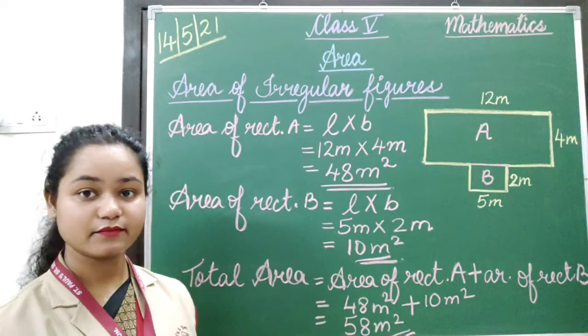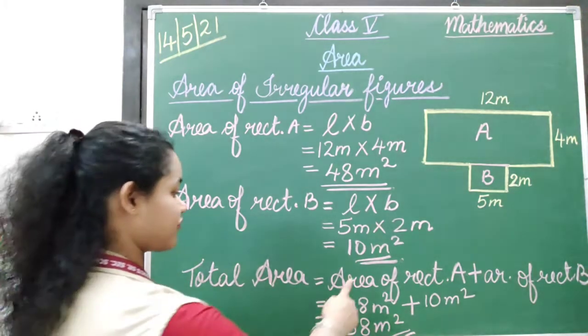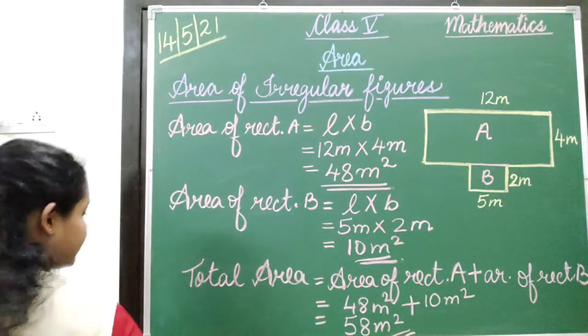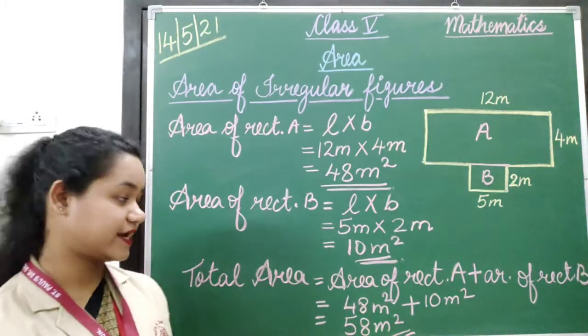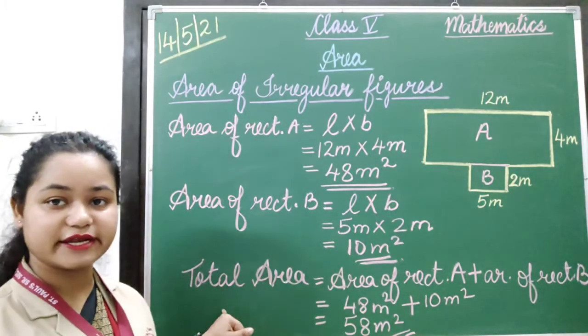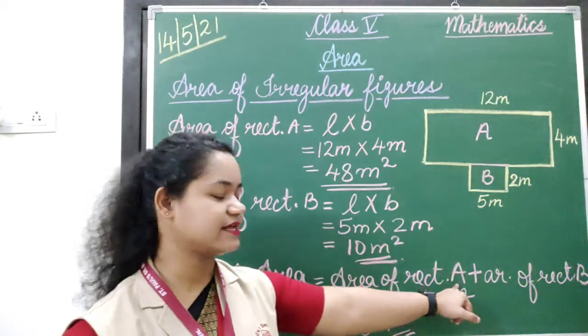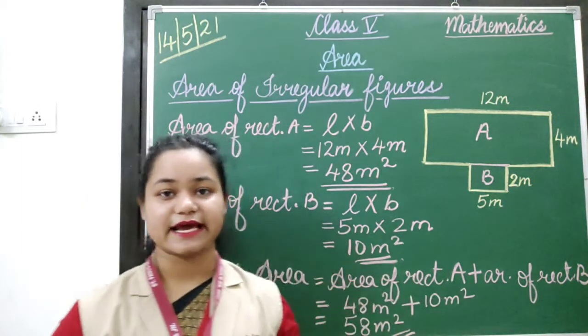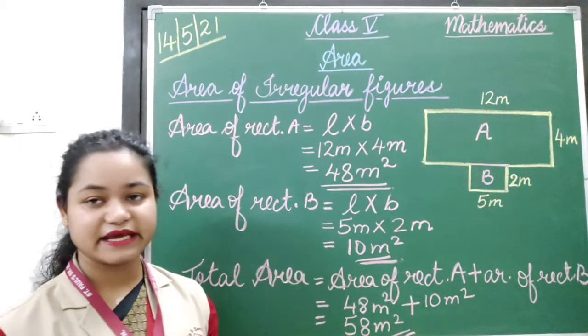Understood? Alright. If you want, you can write this in full form also. Total area is equals to area of rectangle A plus area of rectangle B, and then you can place the values.